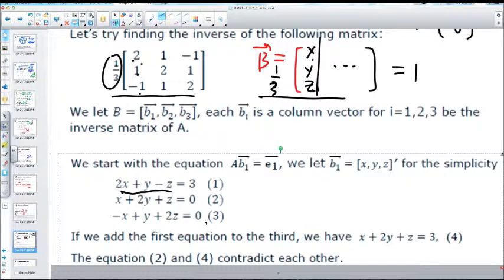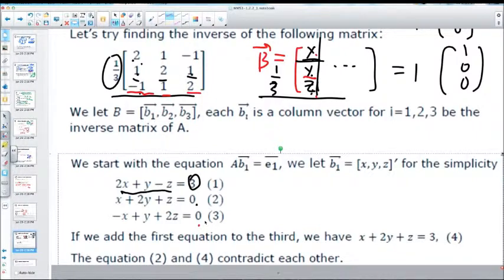Because 1/3 of this equals 1, you multiply by 3, you get a 3 here. That's the first element, so it equals 1, 0, 0. The second, 1 times x, 2 times y, 1 times z, what you get is 0. The third one, negative 1x, 1y, 2z equals 0.